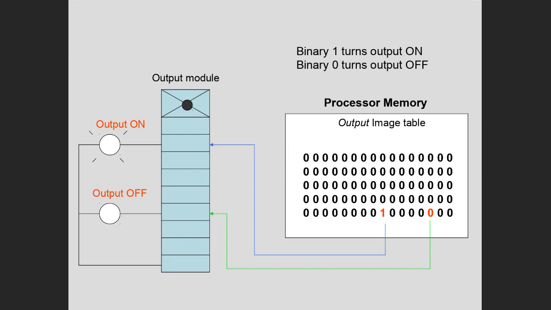Depending on the outcome of that logic, you're either going to have a 1 in the particular bit position of the output module, or a 0. If there's a 1 in that bit position, like there is right here, then whatever's mapped to that screw terminal on the output module is going to turn that device on. If there's a 0, whatever's mapped to that bit position is going to turn it off.